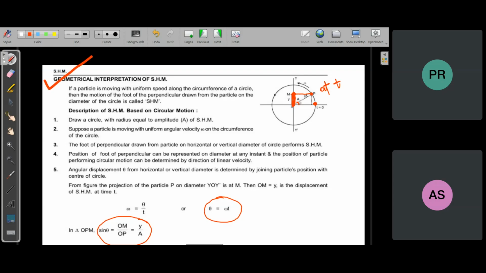If you look at this projection here, Hannah, then you will understand. It is better if you call this point M the projection. From P you drop a perpendicular, and that point M is the projection. Look at the motion of point M. As the particle moves in the circle, you will see point M goes like this, comes like this, again goes like this, again comes like this.